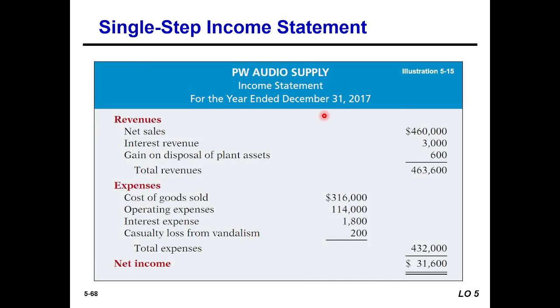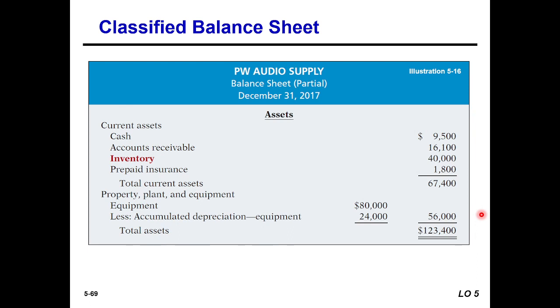Income statement for the year ended: revenues section, total revenues; expenses section, total expenses. After adding these four items, we get the net income. Very easy to get. And this is the classified balance sheet: current assets, accounts receivable, inventory and prepaid insurance.